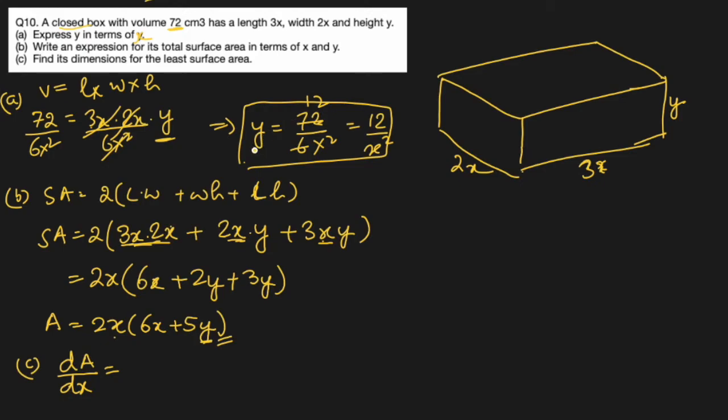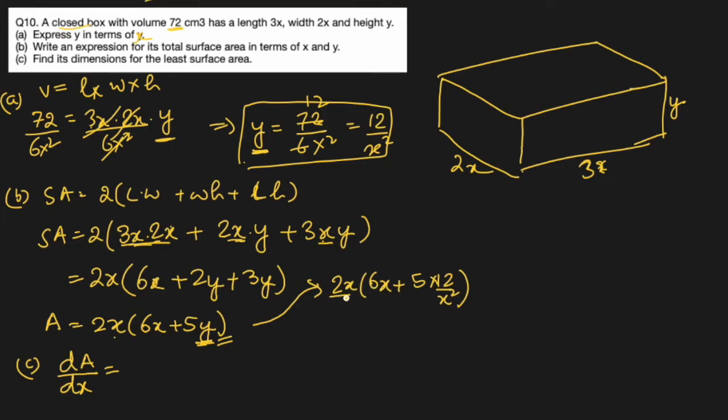And in the first part we got y = 12 over x². That's what we will write here. So let me rewrite it: 2x(6x + 5·12/x²). So this is what I'm going to differentiate now.